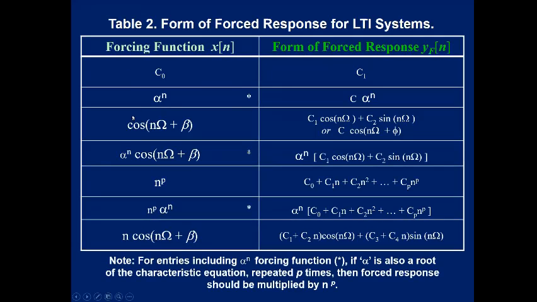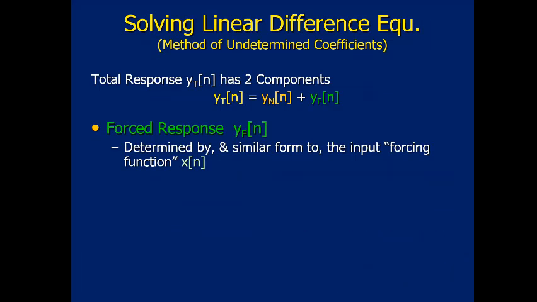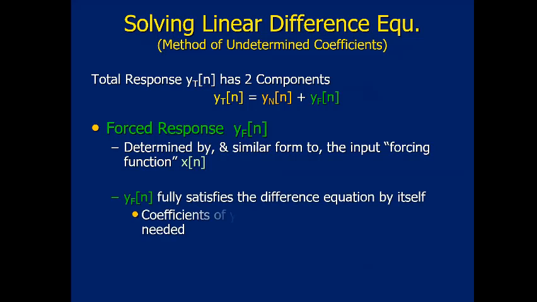Constants, cosines, exponentials, n times exponentials, n times cosines, all have this characteristic that if I put that shape of a discrete time signal in, the system will respond in its forced response with a similar shaped signal. Maybe it's scaled differently, maybe it's got a phase shift to it, but it's basically the same functional form. So that's how we determine what the shape of the forced response is.